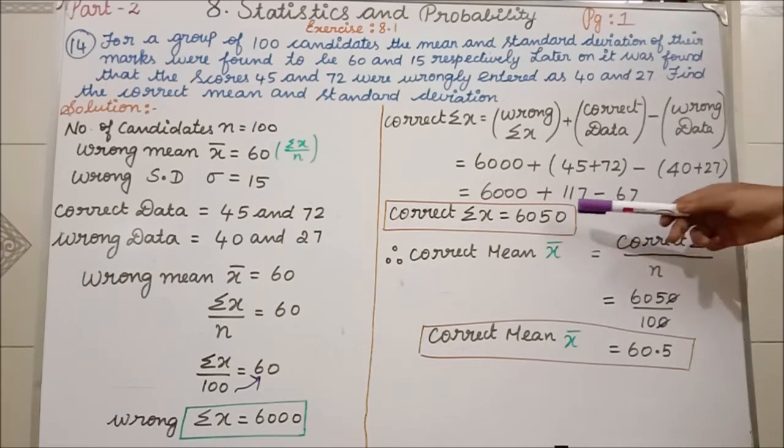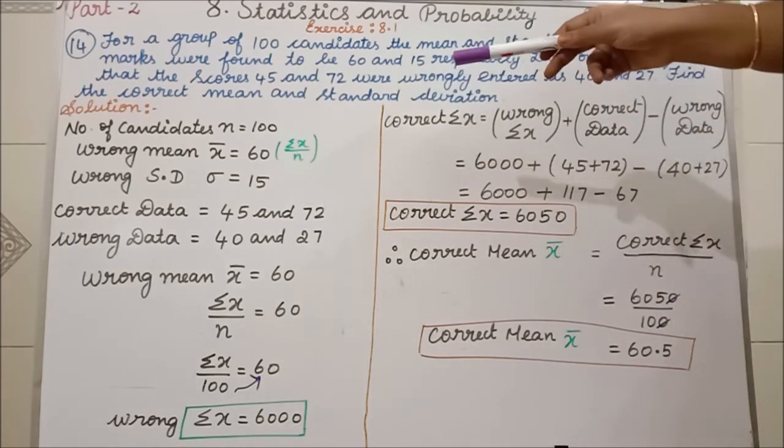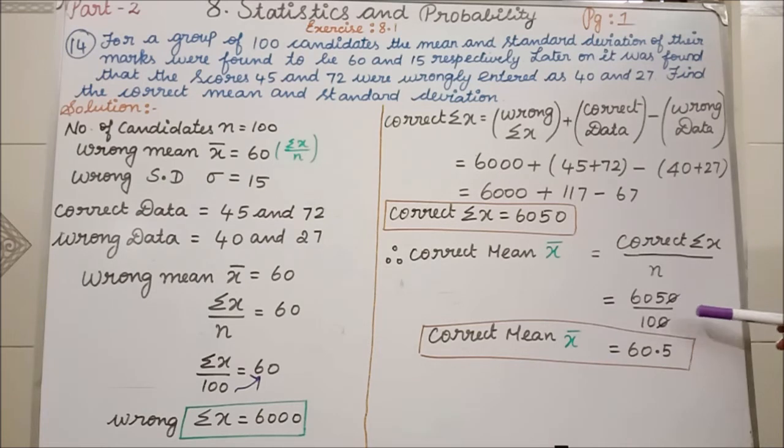The correct summation x value we are having is 6050, divided by n, the number of candidates, which is 100. So the zeros get cancelled. 605 divided by 10, we will get 60.5. We have got the answer for the correct mean. Clear, students, all of you?